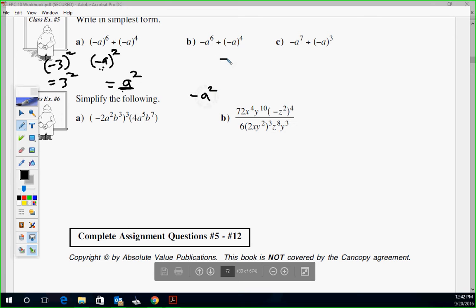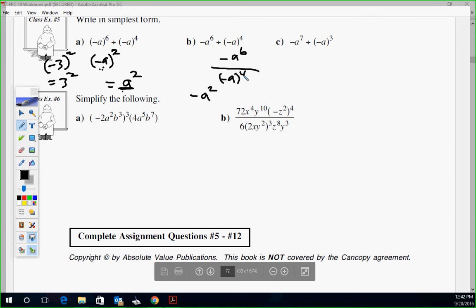So let me write it like this real quick. Okay. The top one, yeah. So the negative is not part of it. Okay, good. Now I'm making you think.